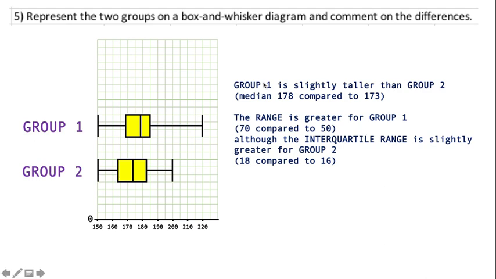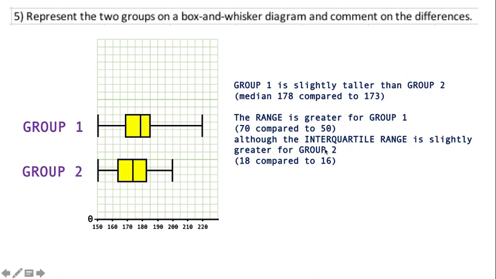So I've made a comment in plain English and then a statistical comparison, the median. And then I've made a comment in plain English that the range is, well, greater, or the values are more spread out, I might say. And then you can talk about the interquartile range or the range.